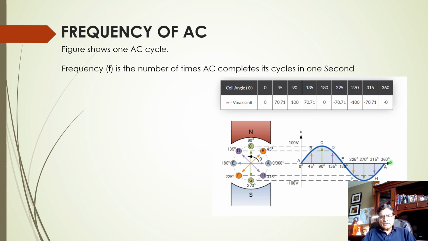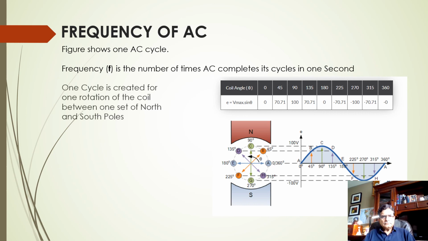In the British areas and in Pakistan and India, it is 50 cycles per second, 50 Hertz. And in America, it is 60 cycles per second, 60 Hertz. So one cycle is created for one rotation of the coil between one set of north and south pole.